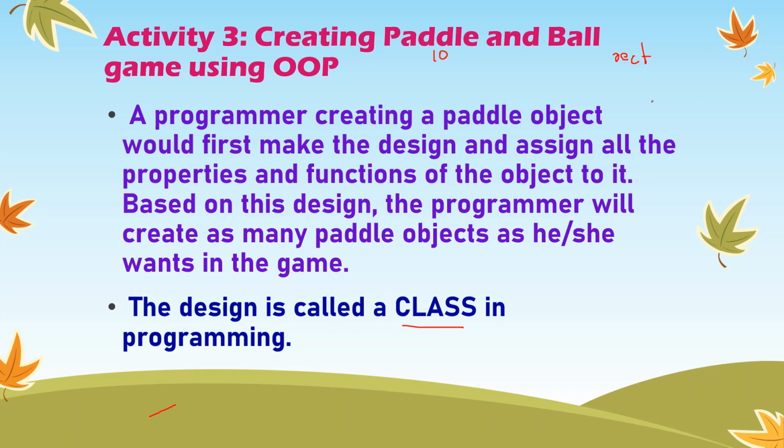But here the programmers are smart, right? So they do the quick work. They create one file in which they create the design of the paddle. What are the common properties in the paddle? That it is always going to be a rectangle, right? So in the class they create that rectangle, and we can change its color and everything, right?